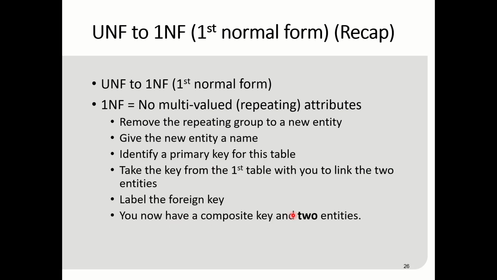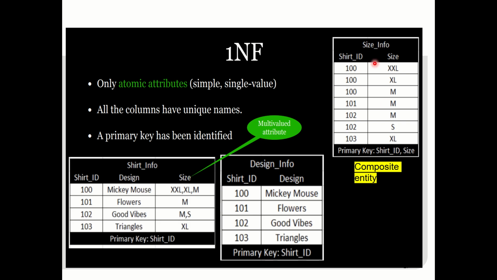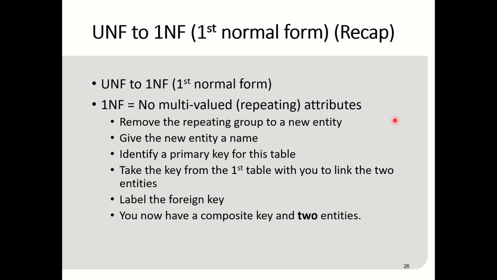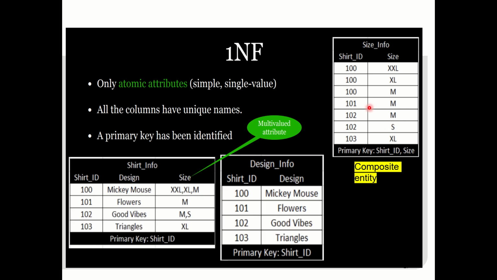Now you have a composite key, because you need both. You cannot just take shirt ID alone, or you cannot take size alone, because M's are repeating. So this exactly works like your composite entity. Okay, so when you look at here, now you have two different tables. Now you have this design also there, so you will keep it as a separate table, so that you have shirt ID as the primary key itself.